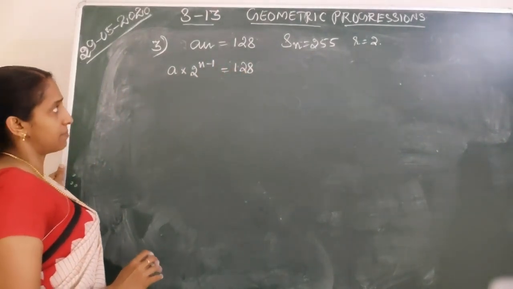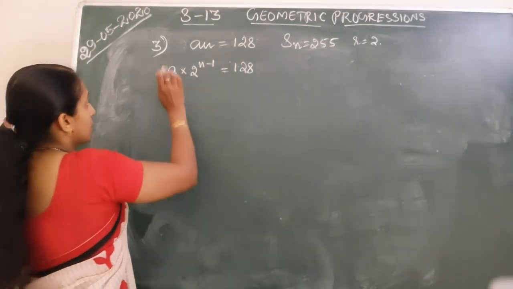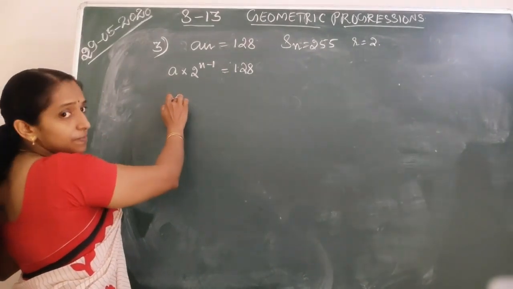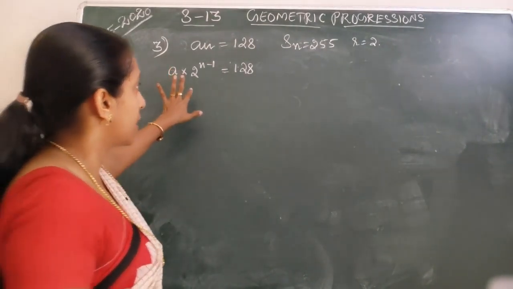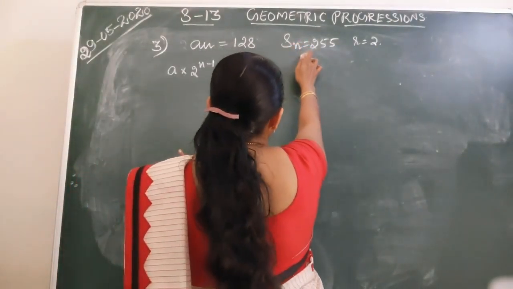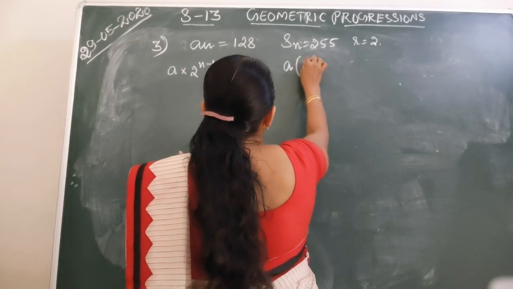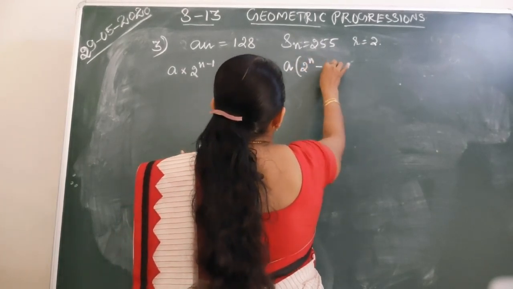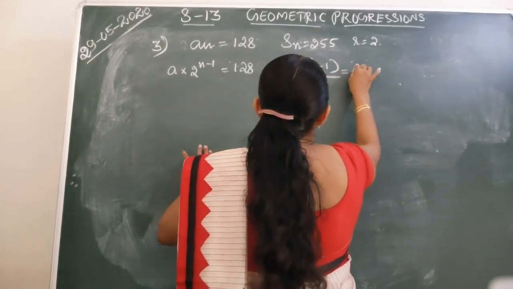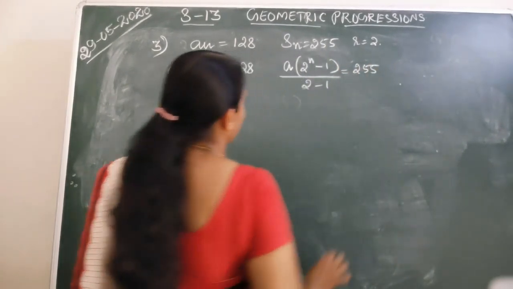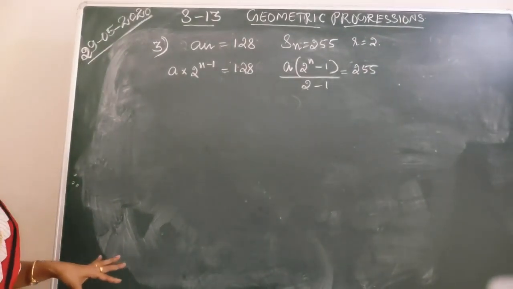Here a is unknown, r is given as 2, and if you substitute it in the formula Sn, a into 2 to the power n minus 1 upon 2 minus 1 is equal to 255. a is unknown as well as n is also unknown.